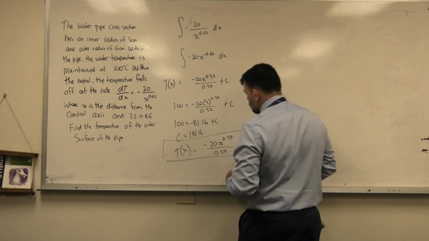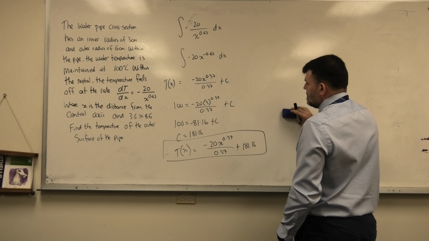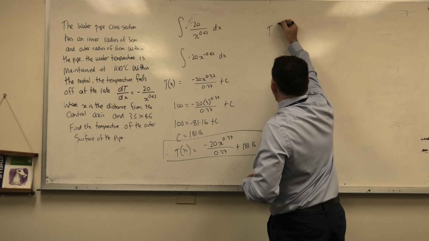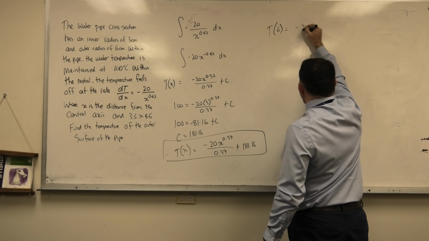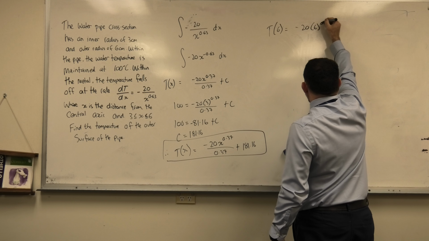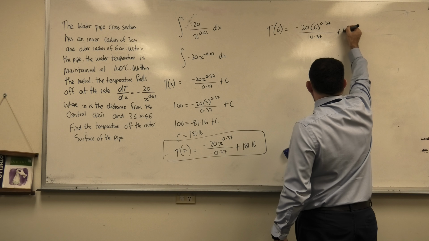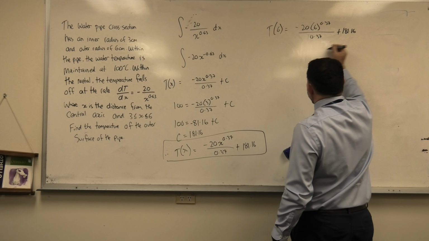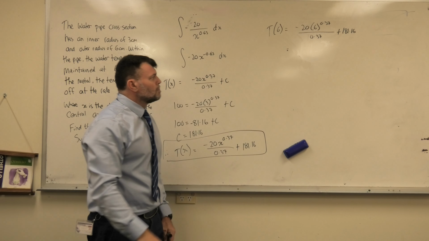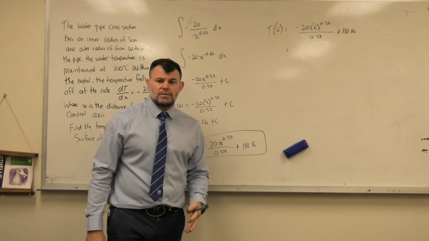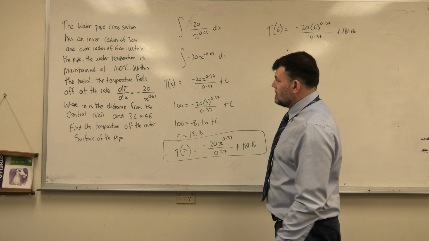So there is our function. We know at 3 and 100 gives us this function. Well, what's the temperature going to be at 6? We can substitute 6 in and get negative 20 times 6 to the power of 0.37 over 0.37 plus 181.16. Before we do that in our calculator, let's think about what we think the answer is going to be. We've got some clues in this information.